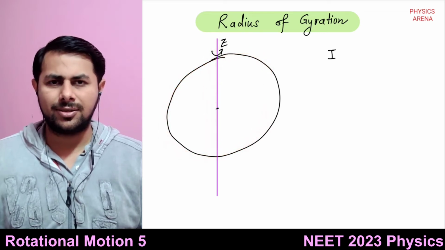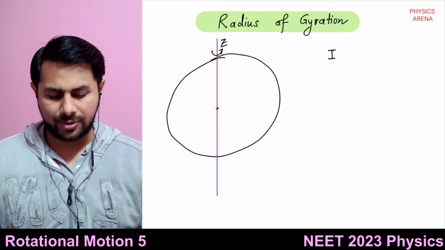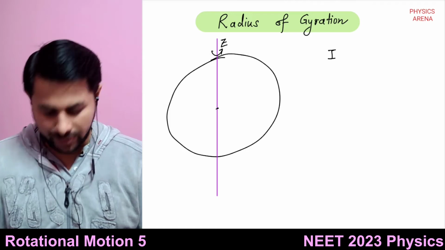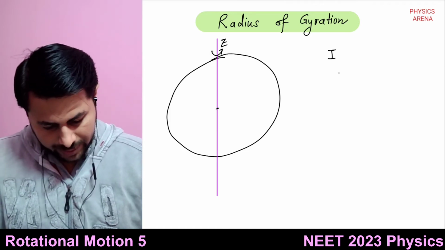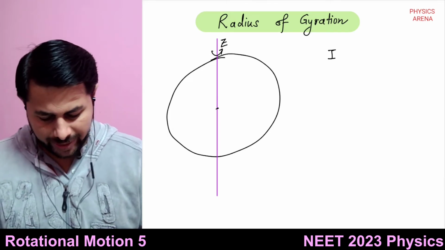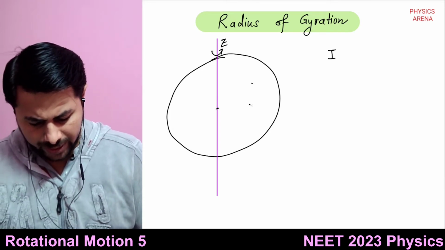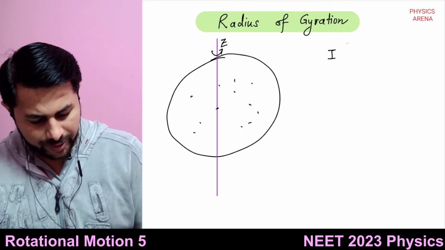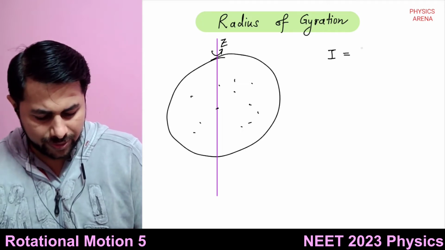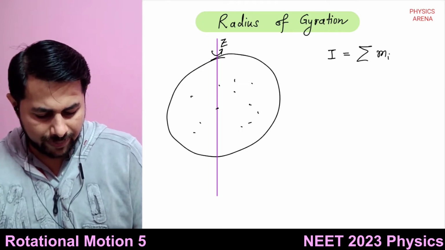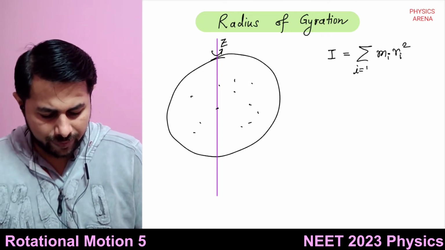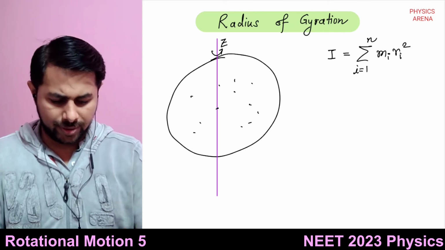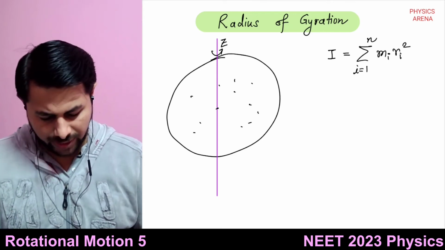So that distance is known as the radius of gyration of this body. Suppose there are n number of particles within this body. So we know I is equal to summation of mi ri square, i goes from 1 to n. So this is moment of inertia of this body about this axis.